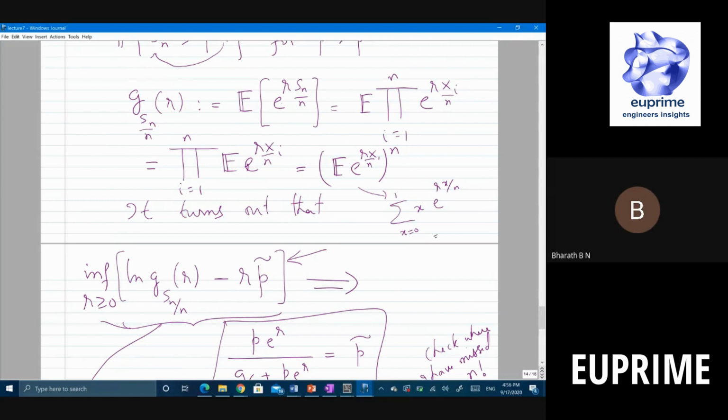If x equals 0, then you have 0. For 1, what do we have? e to the power r by n, whole power n. So that's what we have. Do you agree? So we can use that to write the remaining. Is that fine?